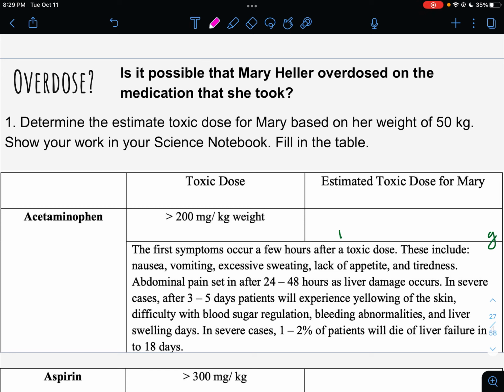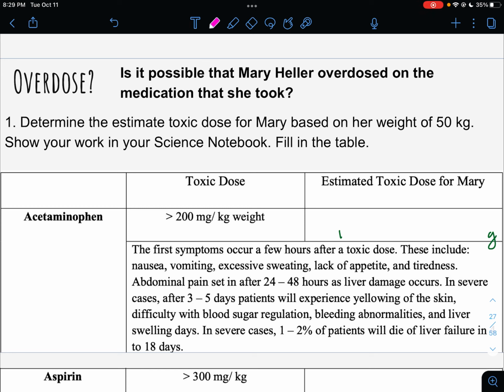So if we know 200 milligrams for every 1 kilogram, and we know that Mary weighs 50 kilograms, what we want to find out is how many milligrams she can have. So I'm going to put an X there. If we think about how we can solve for X, we know we can cross multiply, right? So we just end up multiplying 50 times 200. We get 10,000, and that's going to equal our X.